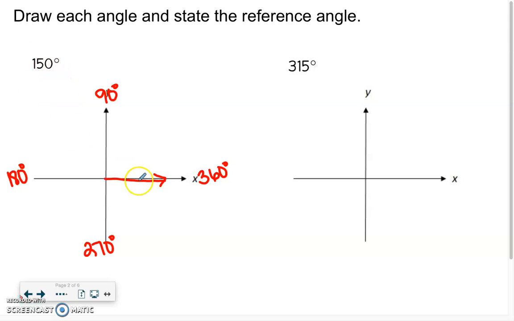So I need to graph 150, and that's positive, so I will be moving up first. I know that 150 is somewhere between 90 and 180. I'm going to do my best to graph where I think 150 would be. I think that might be too sharp of an angle. Let me see if I can turn that a little bit. I think it's probably going to be right about there. Okay, so 150 degrees would be coming around this direction.